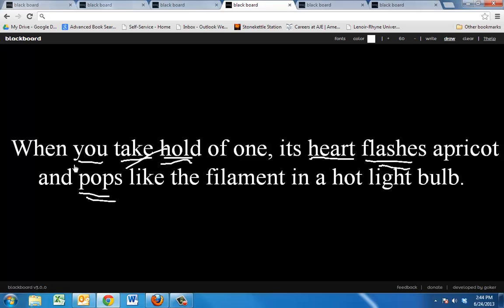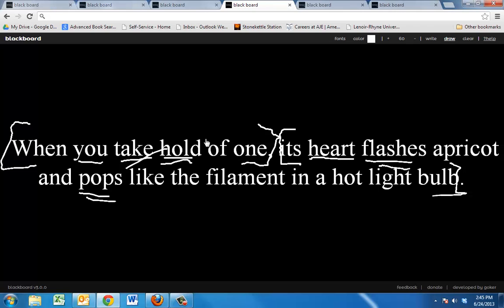The next question for me is going to be, what is the main subject of the whole sentence? Well, one thing that you should remember about the English language is that there are certain places where the main subject and verb cannot be. One of those places is in an introductory phrase. So we look at this and we understand when you take hold of one, introduces the rest of the sentence.